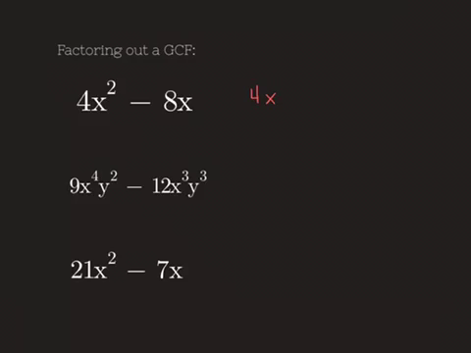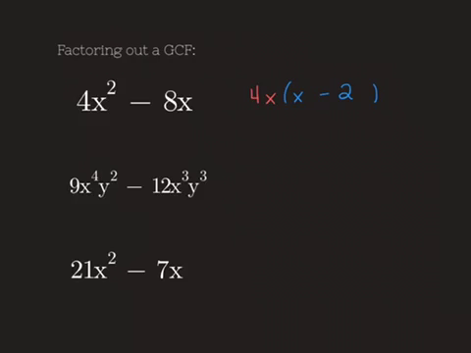So I'm going to factor that out, which is division, but you can kind of think about this as undistributing. 4x squared divided by 4x would just leave me with an x, and then negative 8x divided by 4x would give me a negative 2.